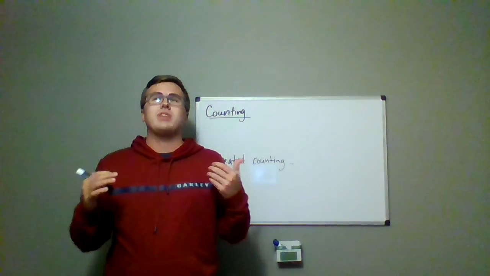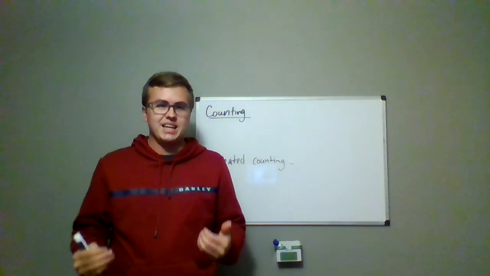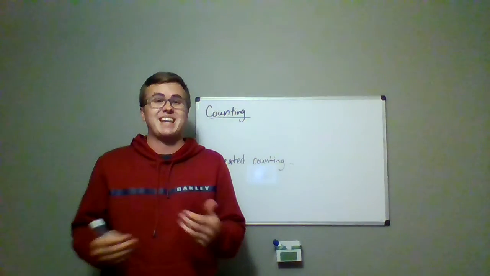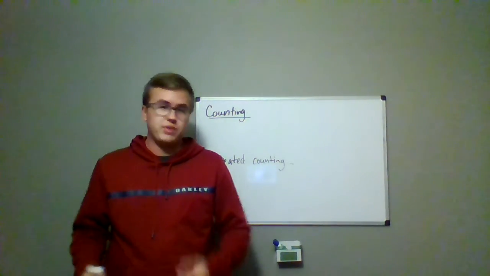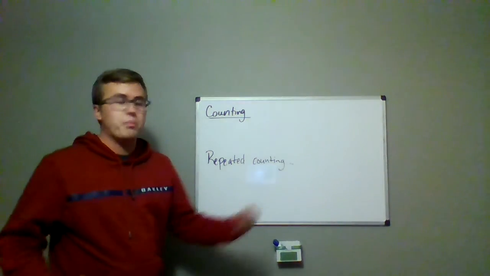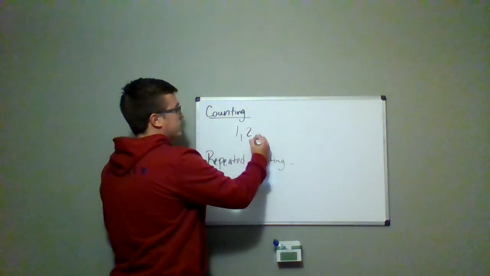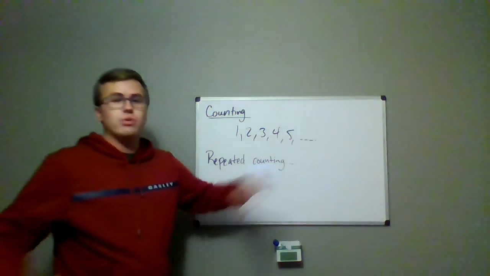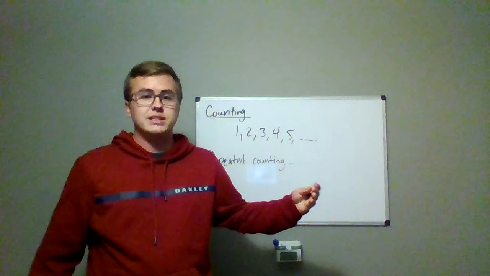So if you think about the most basic concept in math, the most basic thing you can do in math is count. Count integers on your fingers, 1, 2, 3, 4. You can count the whole positive integers, 1, 2, 3, 4, 5, and then so on. You can count up however many you want.